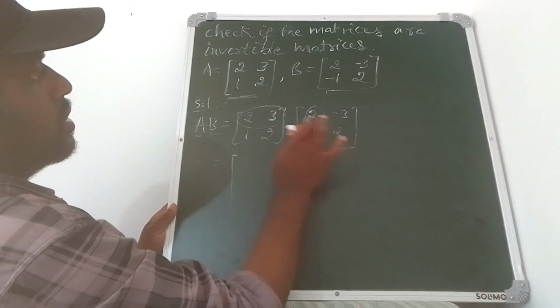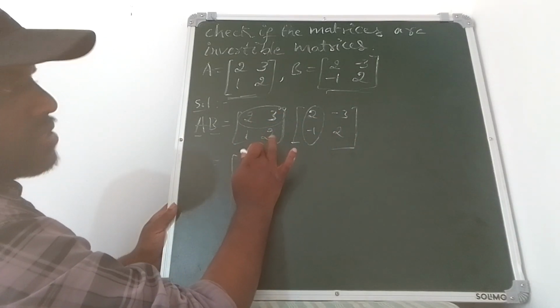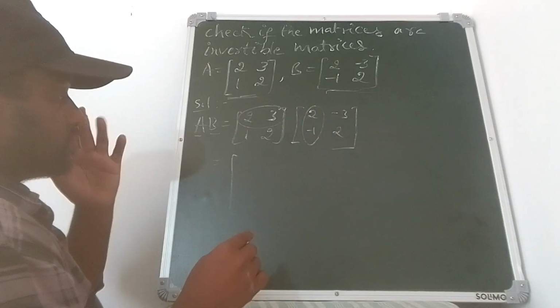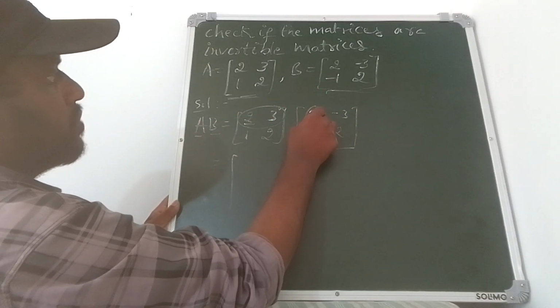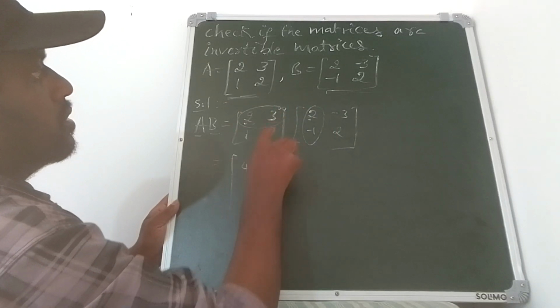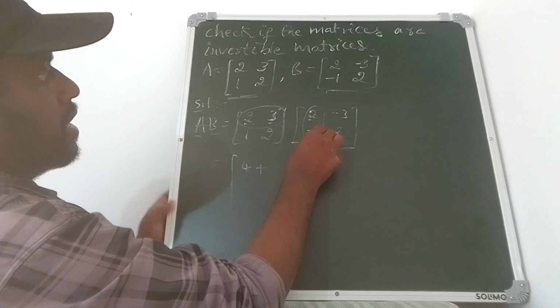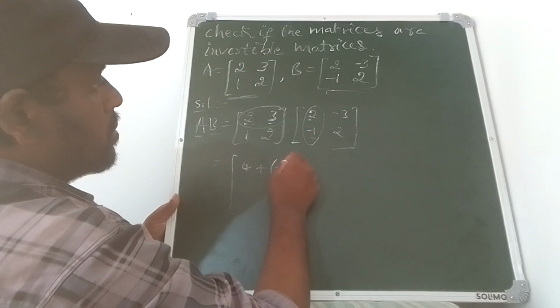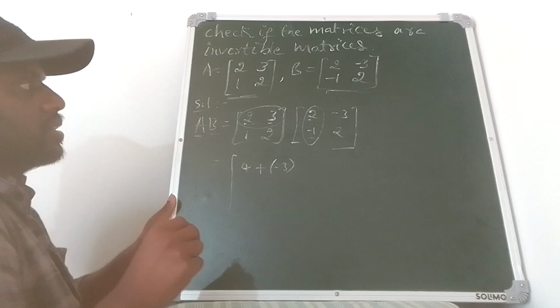First row, first column. In the first matrix, first row. In the second matrix, first column you have to consider. Now this is first element, first element. 2 into 2, 4. Next plus second element, second element, 3 into minus 1, minus 3. Okay.